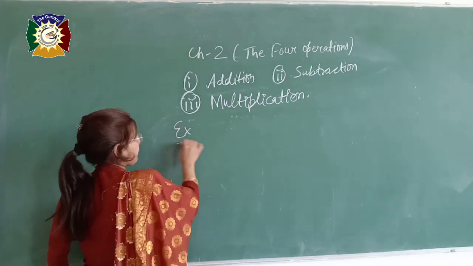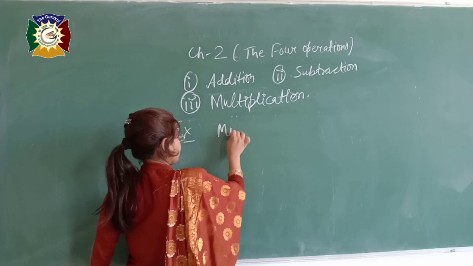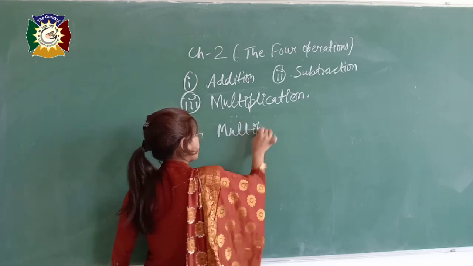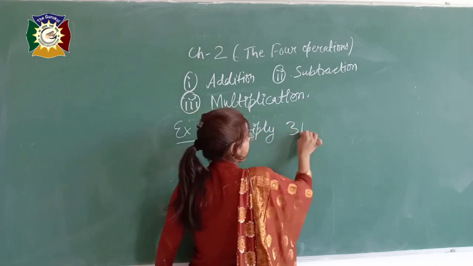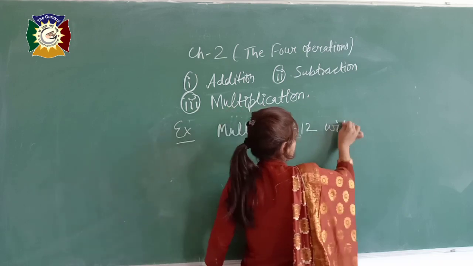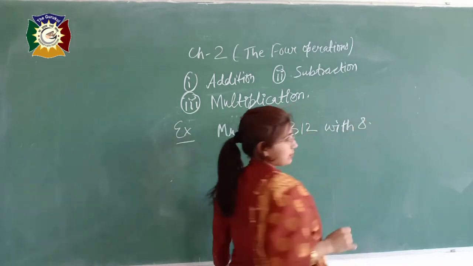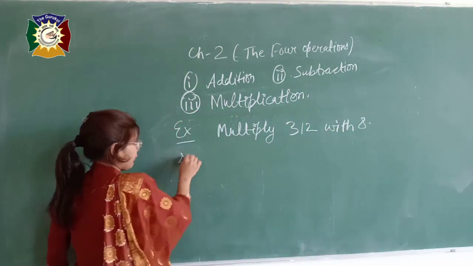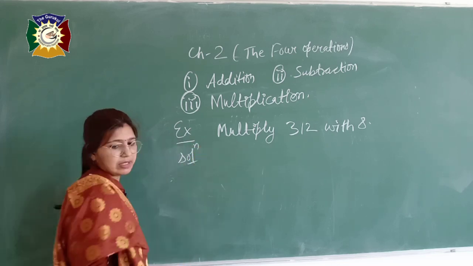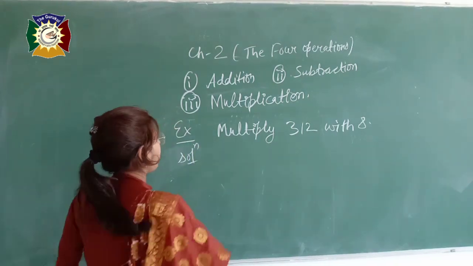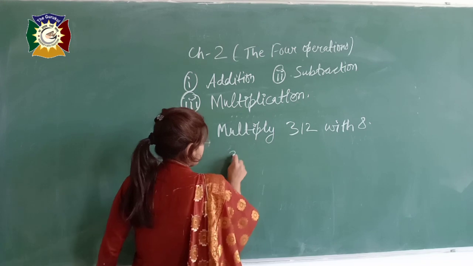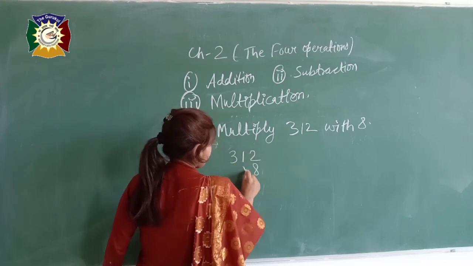See the example. Multiply 312 with 8. First of all, you have to write the given numbers in the form of a column. Write it like this: 3, 1, 2 multiplied with 8.